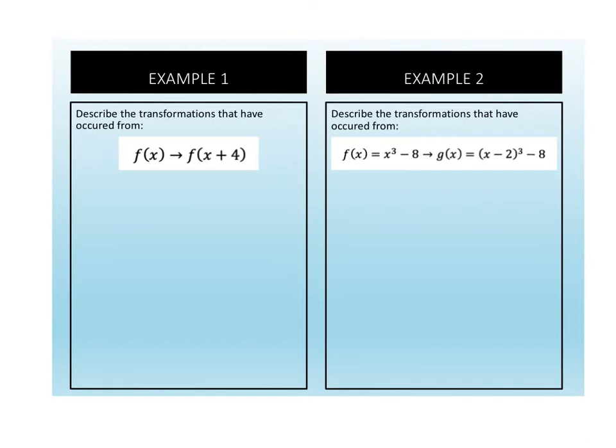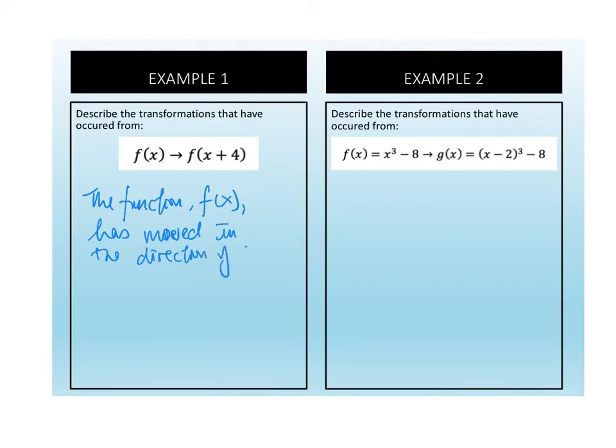I would use the word function rather than the line. So the function f(x) has moved in the direction of the x-axis by 4 units.